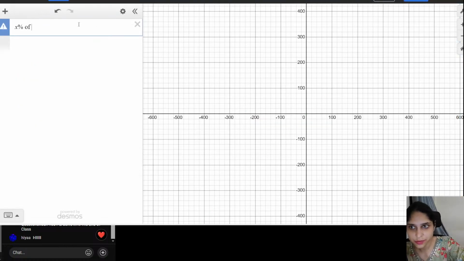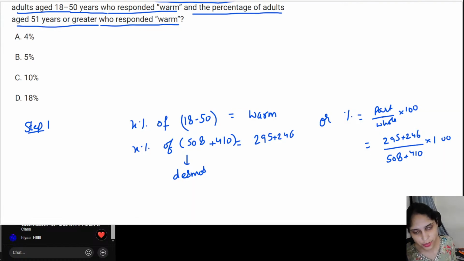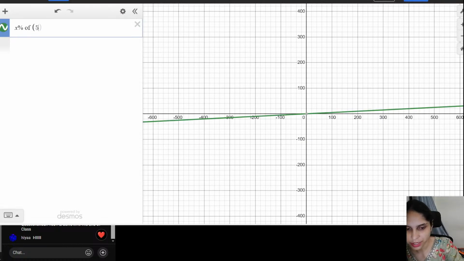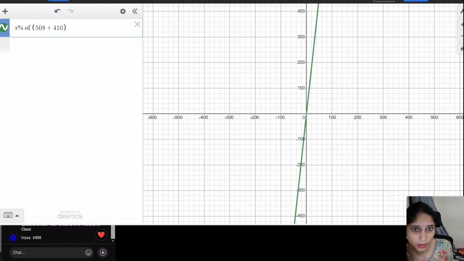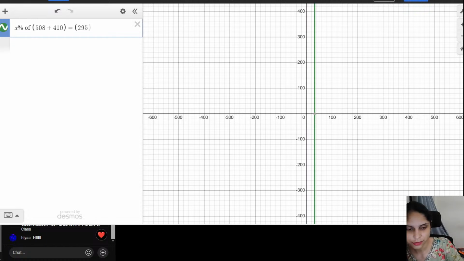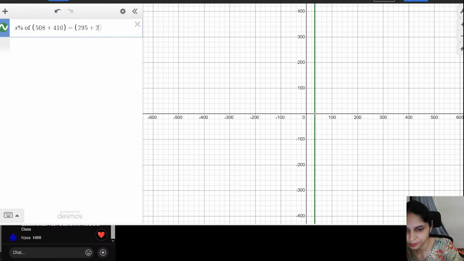X percent of, because we are adding according to the rule of PEMDAS or BODMAS, because we want addition first, we'll use parentheses or brackets. 508 plus 410 equals 295 plus 246.